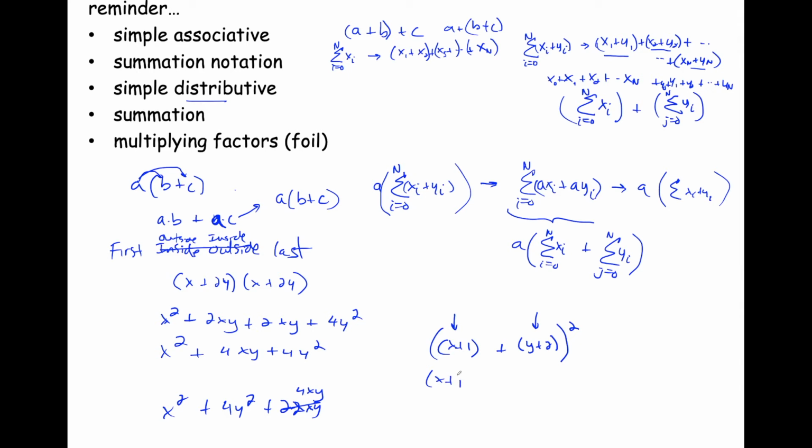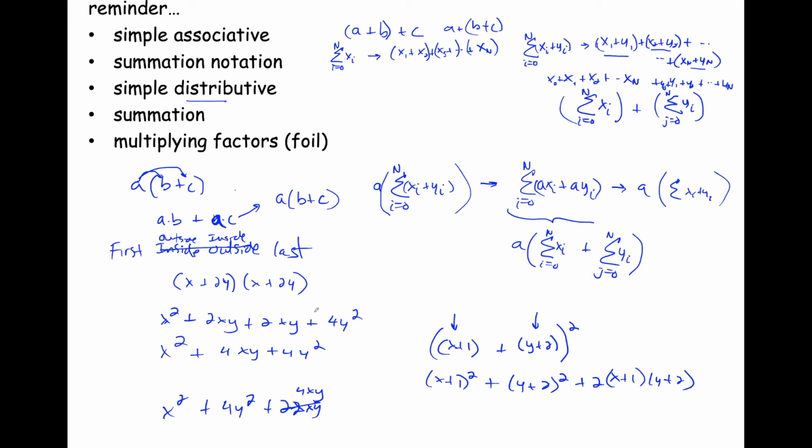So I could say x plus 1 quantity squared plus y plus 2 quantity squared. That's first thing squared, second thing squared, plus 2 times the cross terms, first times second, plus 2 times x plus 1 times y plus 2. So again, I'm applying the FOIL rule, or the first squared, last squared, plus 2 times the cross terms, in order to multiply these factors.